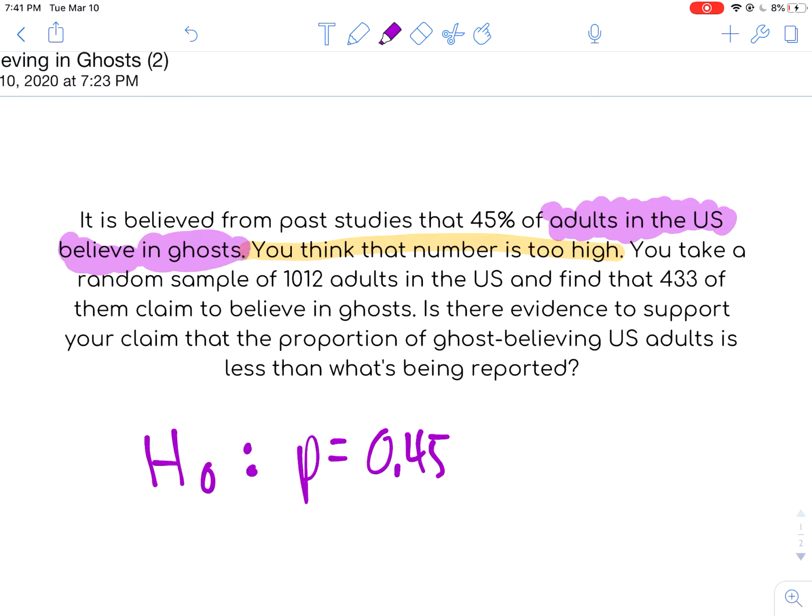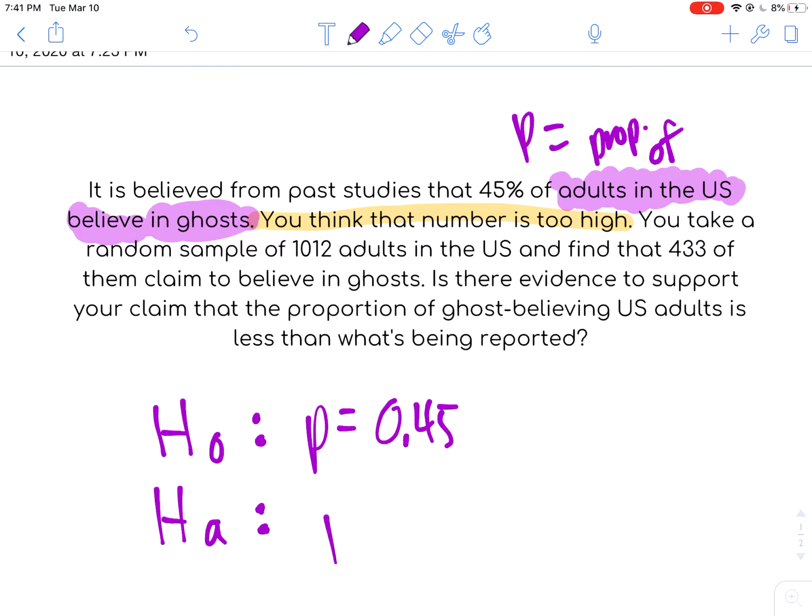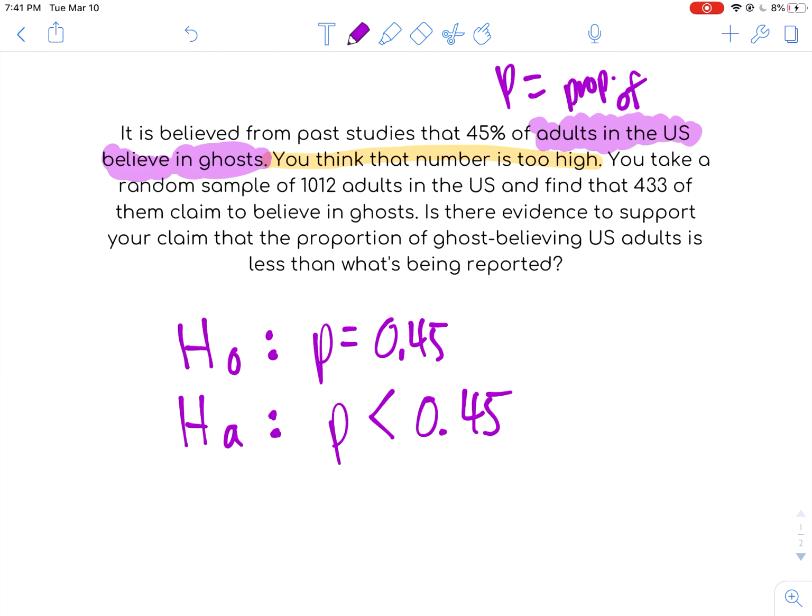Adults in the U.S. who believe in ghosts, we're going to say proportion of, and we're going to say that's P. Being a little lazy here. All right, so now for my alternate. I'm trying to prove that it's less. Your alternate's always going to be either less than, greater than, or not equal. Your null is always going to be an equal statement. It's something you're going off of.